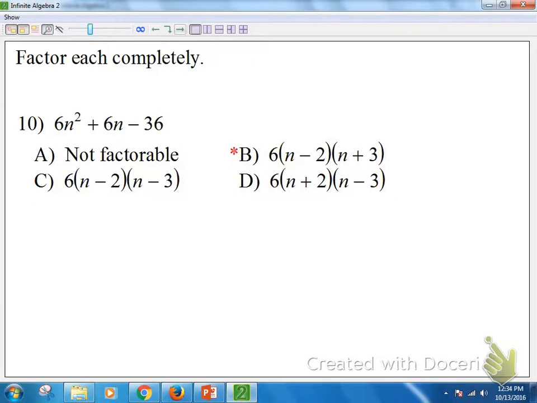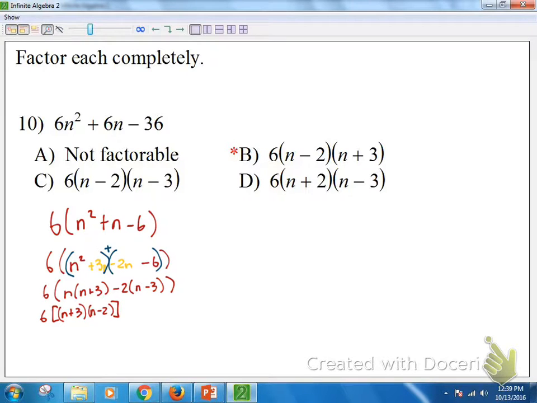Okay, on this one I could factor out a 6. So I got 6. I'll just show you this really quick. Okay, and this is how you do number 10. Pause the video, watch this.